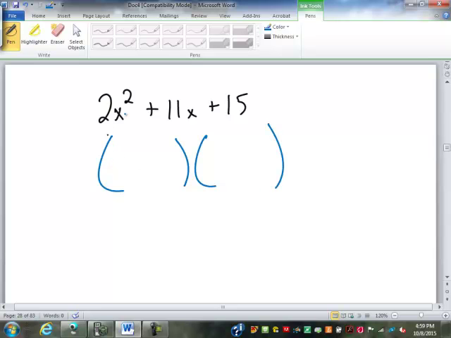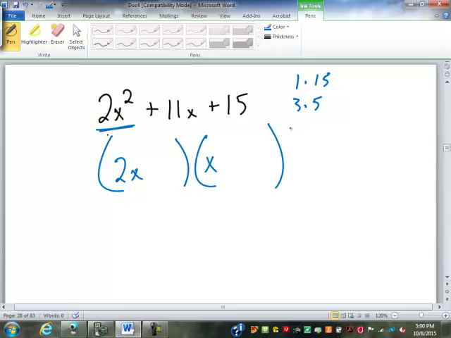2x squared now has to factor into 2x times x. 2x times x makes 2x squared. Now the 15 is either going to be 1 times 15 or 3 times 5.